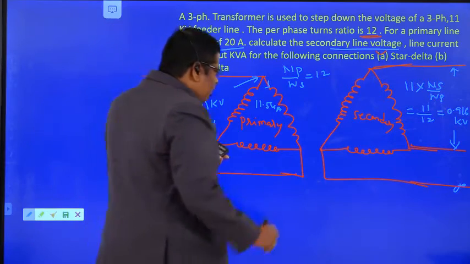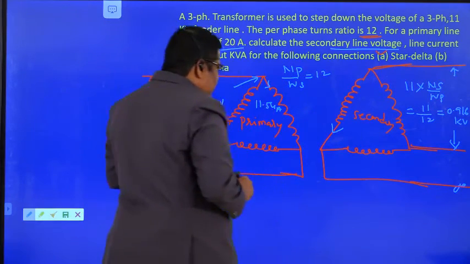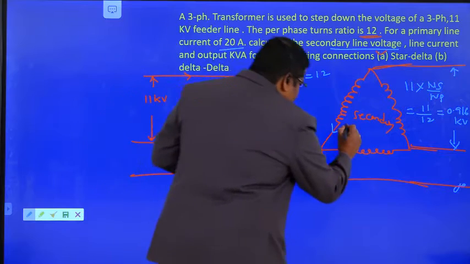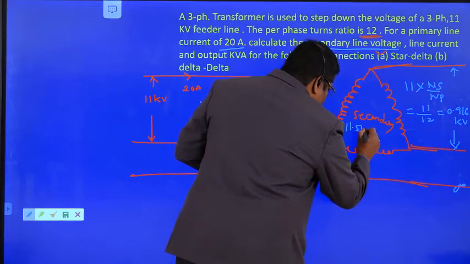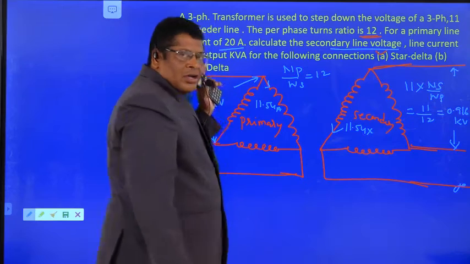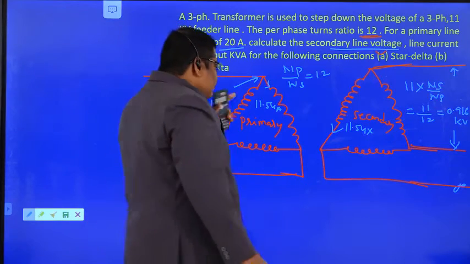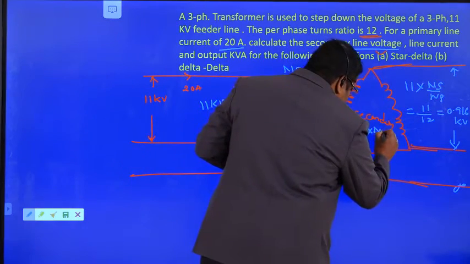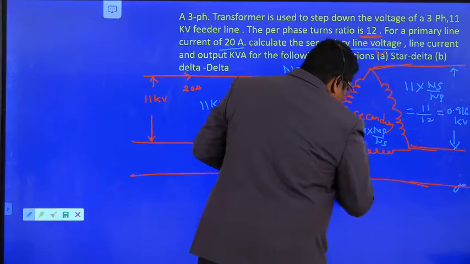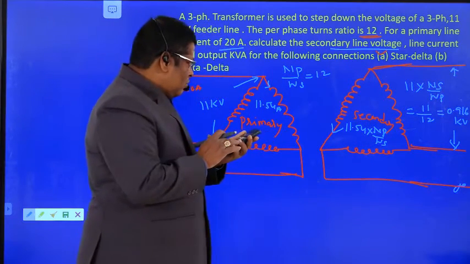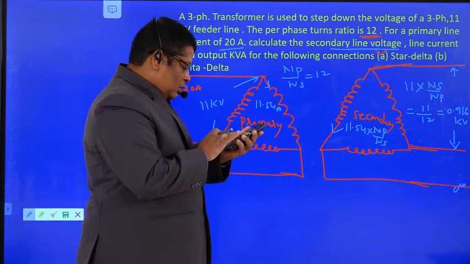The per phase current in the secondary winding is this current 11.54 into the number of turns ratio, NP by NS, into 12.